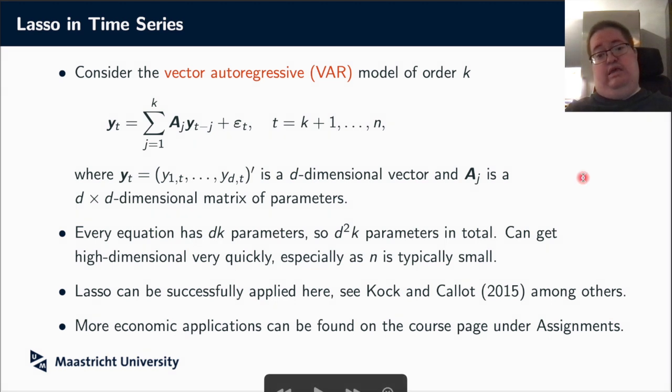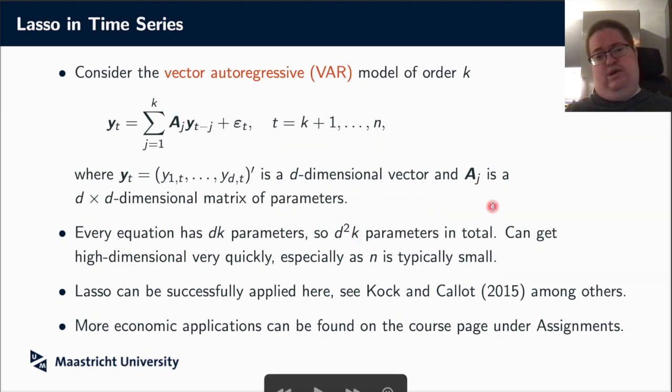Now take 5 variables, which is not a lot, and 4 lags, so it depends on observations within the last year, which is definitely not unreasonable. Then already you have 5 squared, 25 times 4, is 100 parameters to estimate.